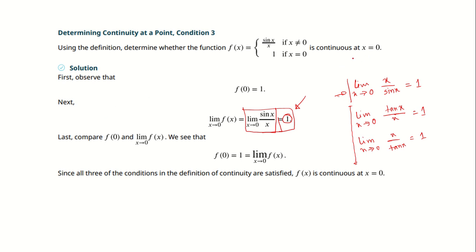So that means at x equals 0, here we have 1, and for the limit at 0 we also have 1. So we can say here f of 0 equals 1 equals the limit as x approaches 0 of f of x.